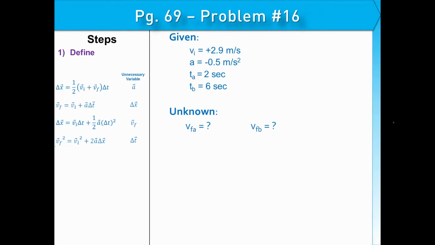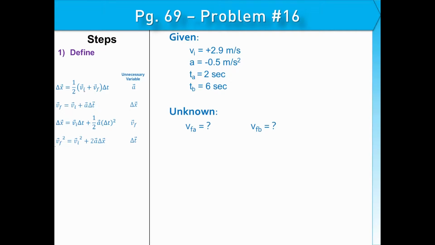So I went ahead and removed the problem so that we could focus on the next step. Which kinematic equation will you use to solve this? To do that, you have to look at all your givens and all your unknowns. First look at the first given, initial velocity.